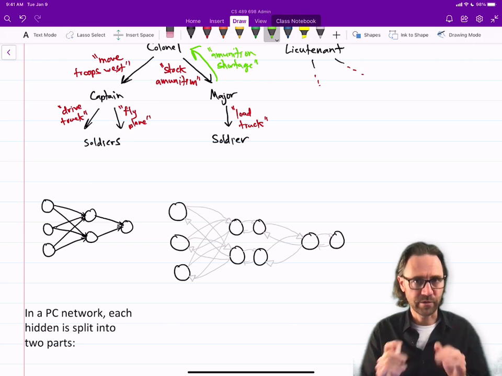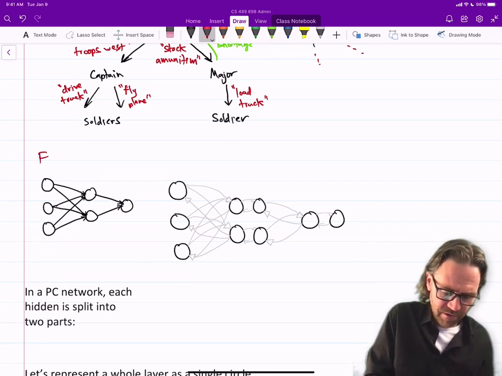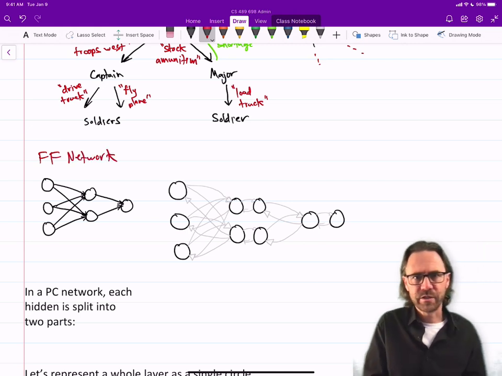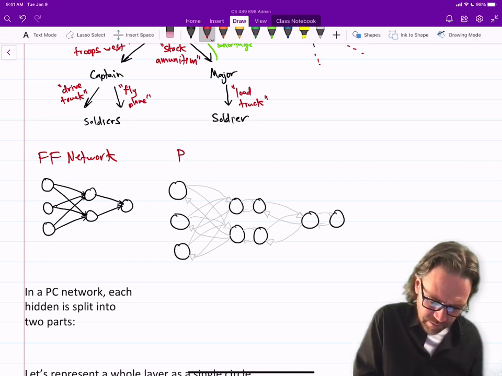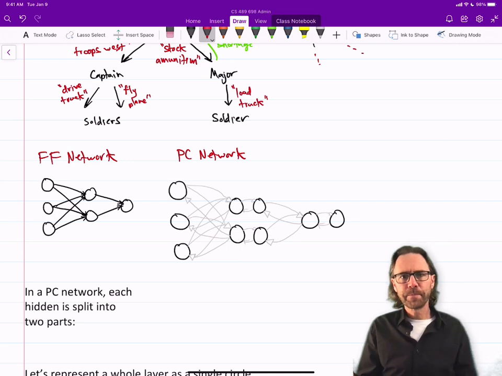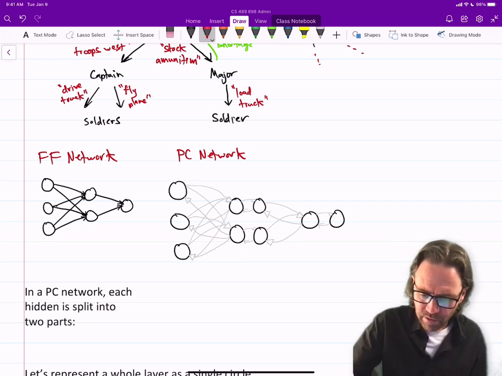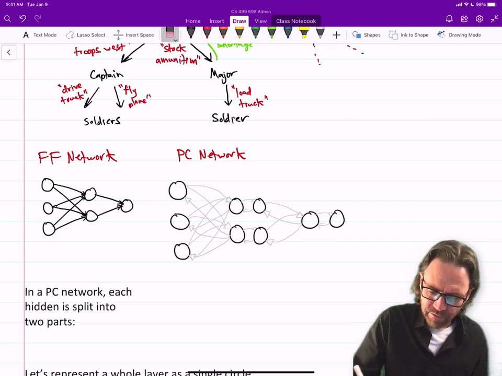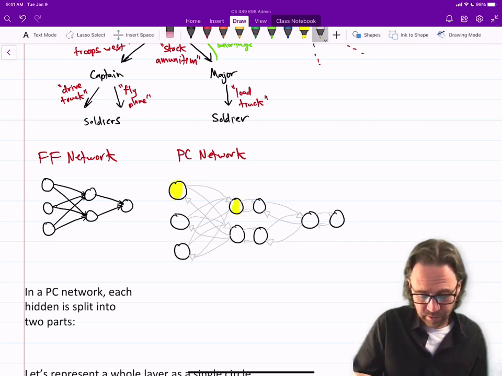So just to make a comparison here, we've got a feed-forward network. You're used to seeing that sort of thing. Now the predictive coding network version of it is shown here on the right. Now you can see between any two nodes, there are two connections. So for example, between this node and this node, there are, or at least should be, two connections.